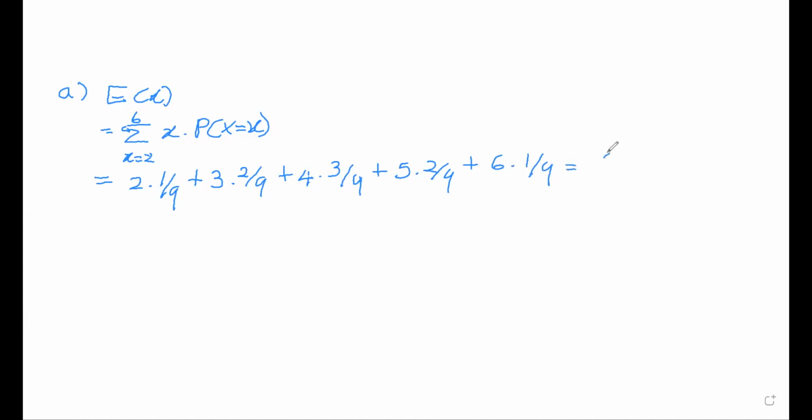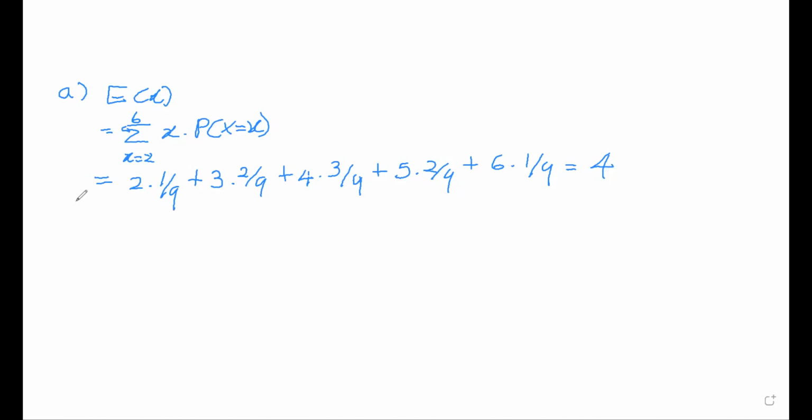This is equal to 4. So the expected value or the mean value, if we draw two counters, the average sum of the two numbers is equal to 4. So this is called the expected value of the random variable, the sum of two numbers on the counters.